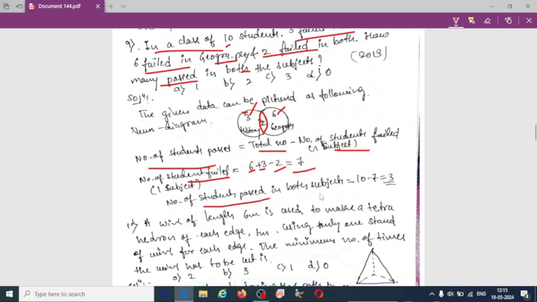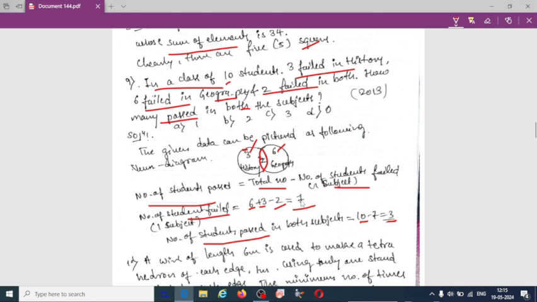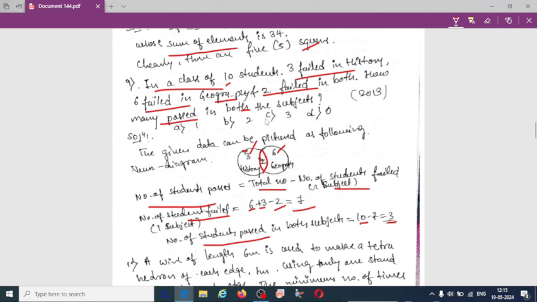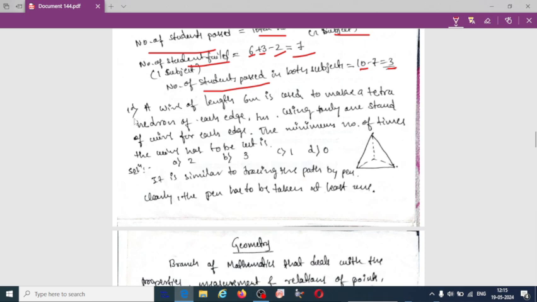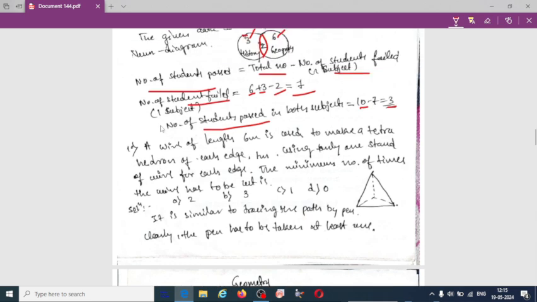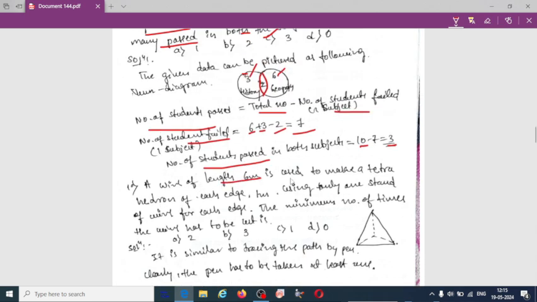So the number of students passed in both the subjects, they have given 10 total students. 10 minus 7, 3 are the students who passed both the subjects. Option C is correct.